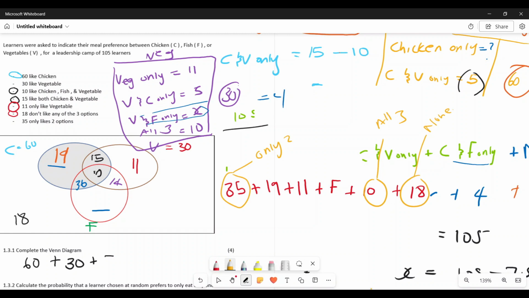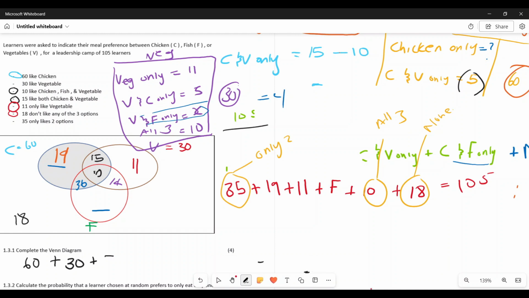So all of this should be equal to, let me just erase here, all of this should be equal to 105 people. Because we have people who prefer 2 options only, people who prefer 3 options, people who prefer none, and people who prefer the individual meals. Now, let me try and solve for the number of people who prefer fish only.